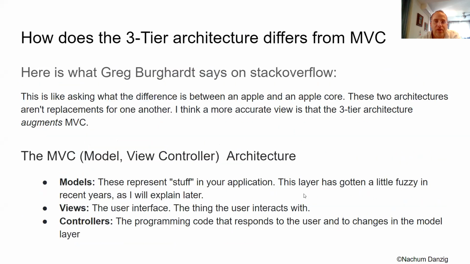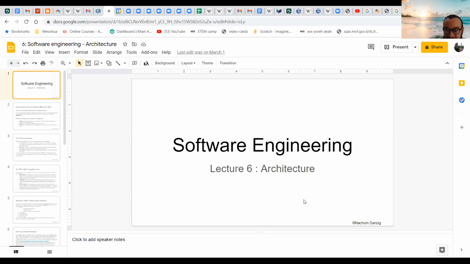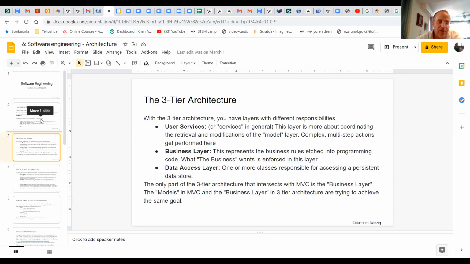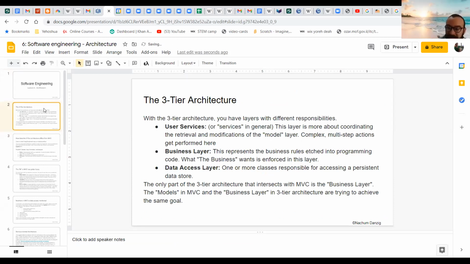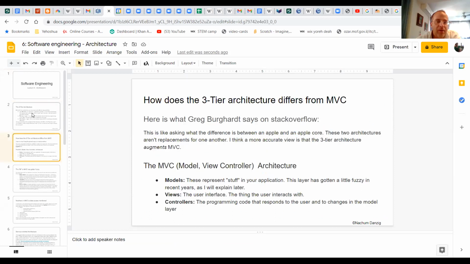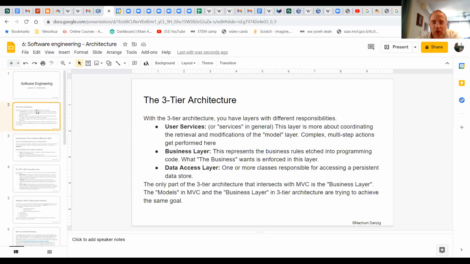Did we talk about the 3-tier architecture? I don't think so. No, we didn't. I'm probably thinking about it from a different class. I must have switched the order of the slides. So now I just changed the order. Let's see if this makes more sense.